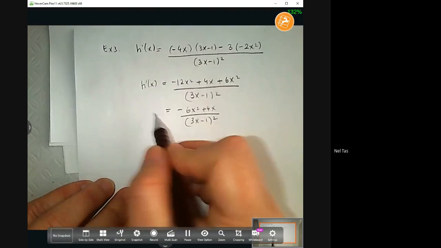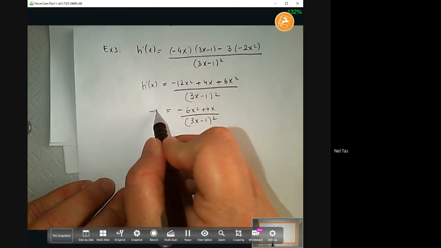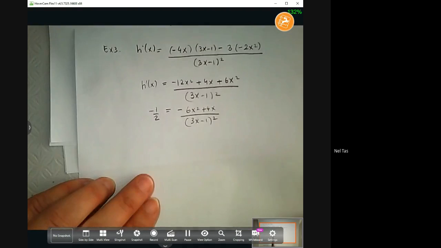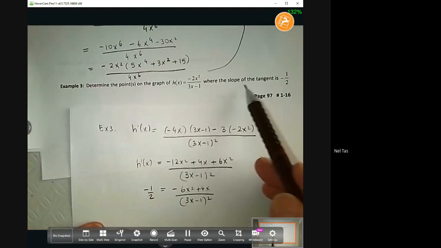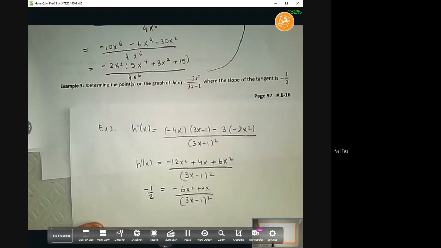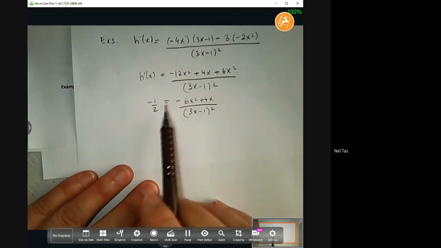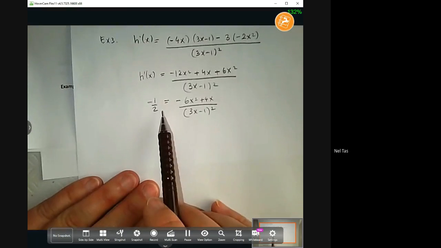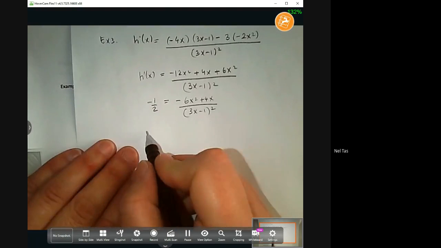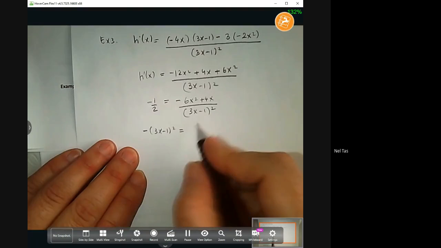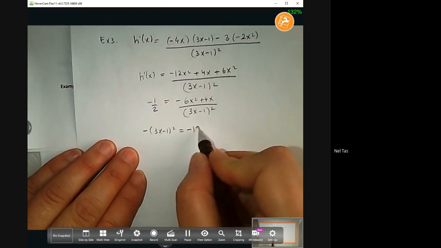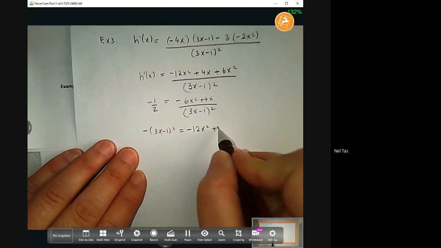So we want the derivative, or the slope, to be negative 1 over 2. Okay, because see, the slope must be negative 1 over 2. So we made the derivative negative 1 over 2. Now we're going to do cross multiplication. Okay, so negative 3x minus 1 square equals negative 12x squared plus 8x.